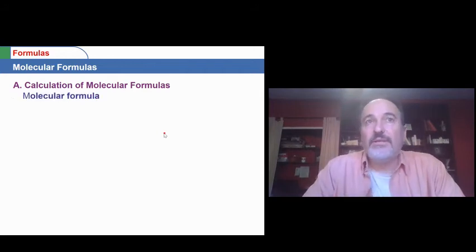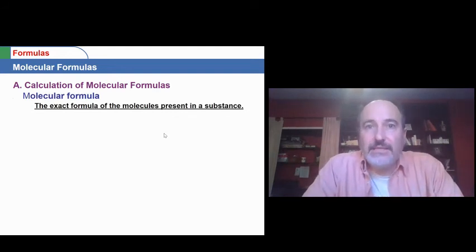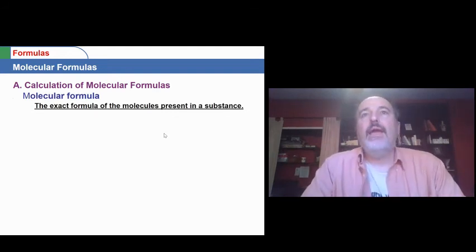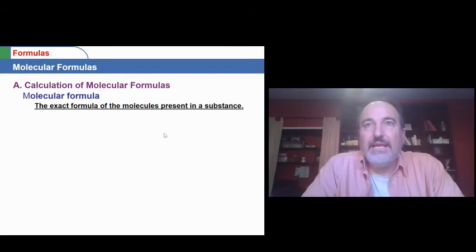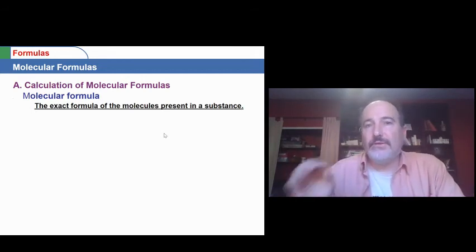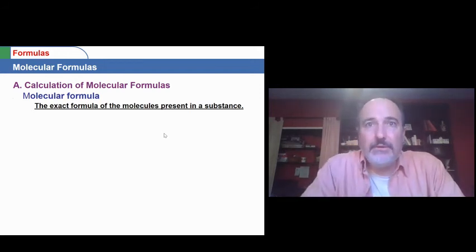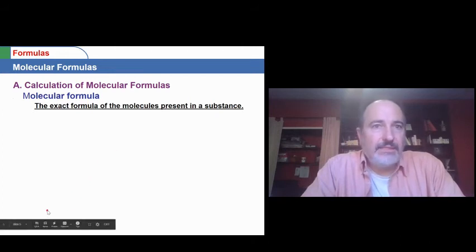Now, a molecular formula is the exact formula of the molecules present in a substance, all right? The problem is that more than one molecular formula might have exactly the same empirical formula.